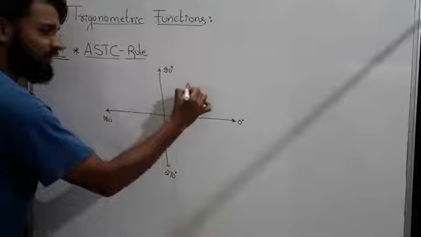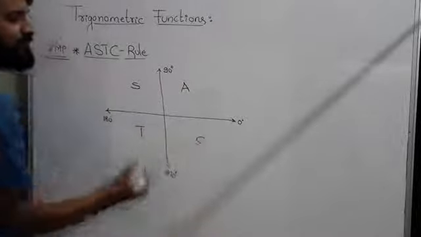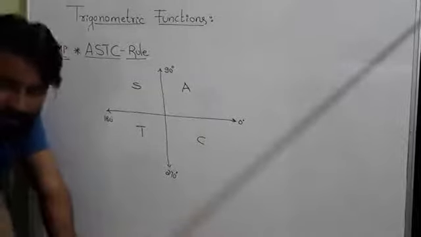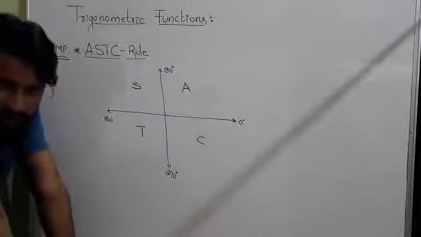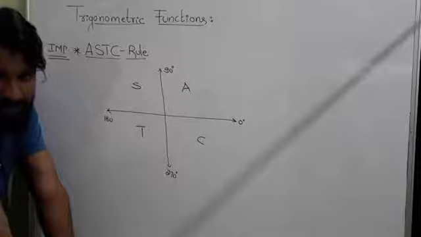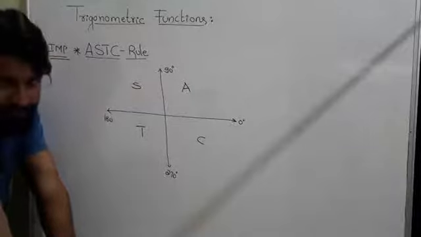Here we are to write A, S, T, C. What this rule says is, when I am finding trigonometric functions with angles more than 90 degrees, the sign of trigonometric functions will change according to the quadrants.